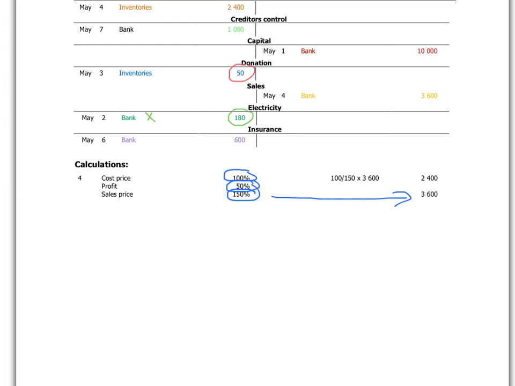If I wanted to calculate the cost price, I take the 3,600, multiply it with the one that's needed, and we need the cost price. So it means that I will multiply with 100 over the one that's given, and the 150 was given, so I divide by 150. And that will give me the cost price as 2,400.